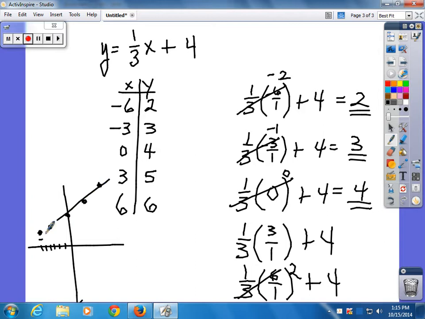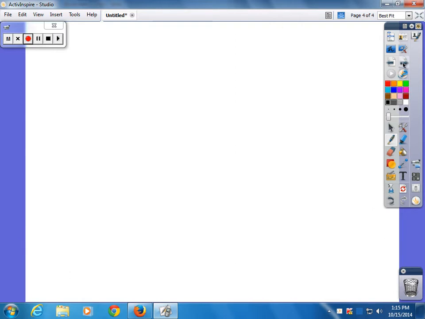It looks something like that. All right, let's try another one: y is equal to -1/2 x minus 2. I'll let y'all do that one.